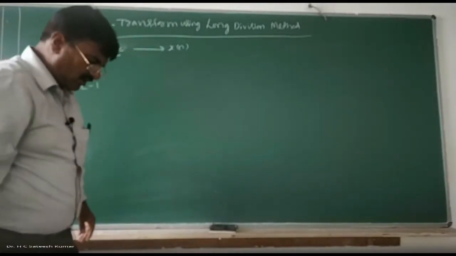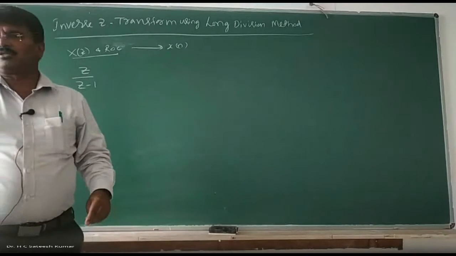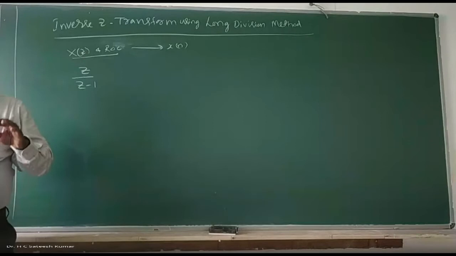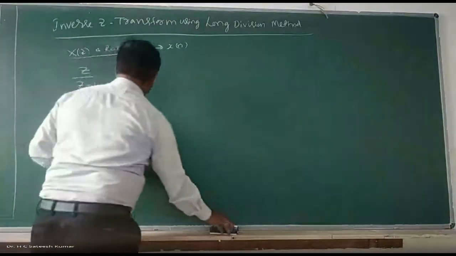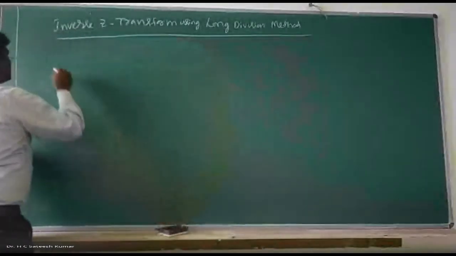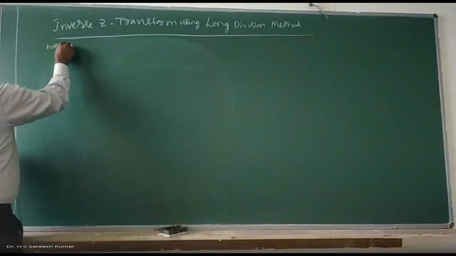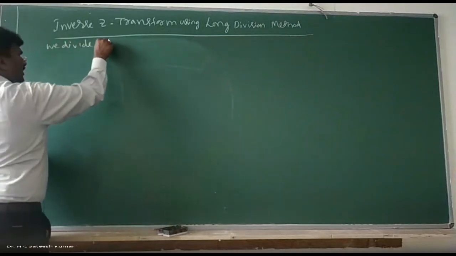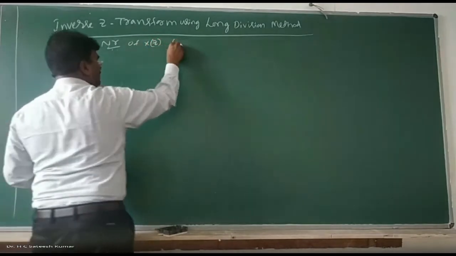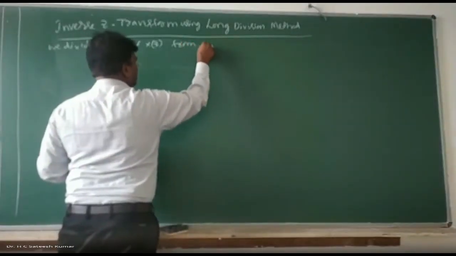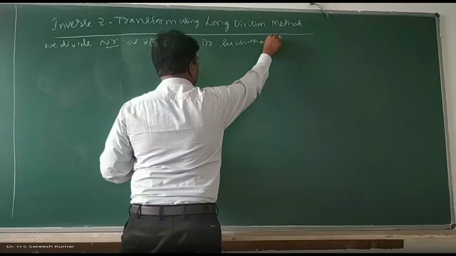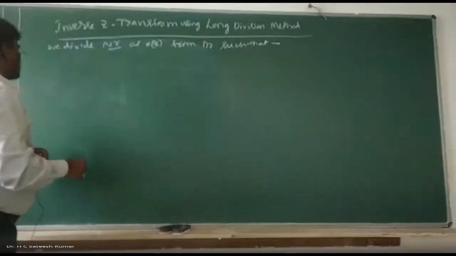That means in the long division method of inverse Z transformation, we divide the numerator of X of z by the denominator. How should you divide?